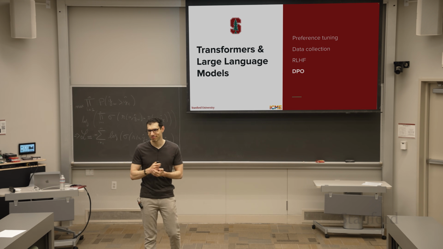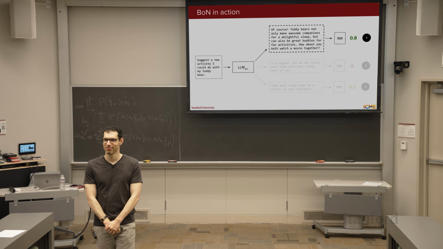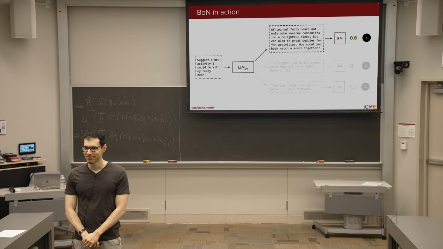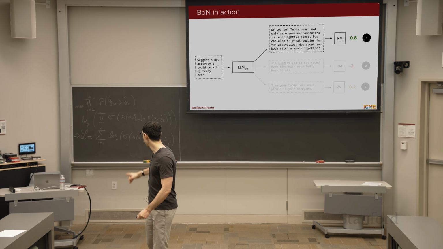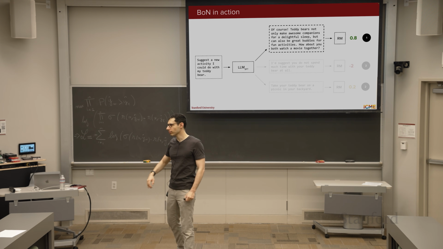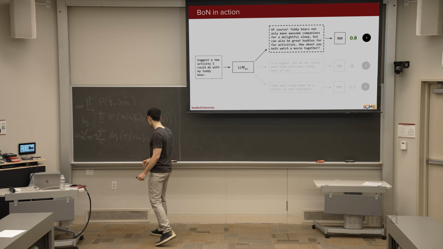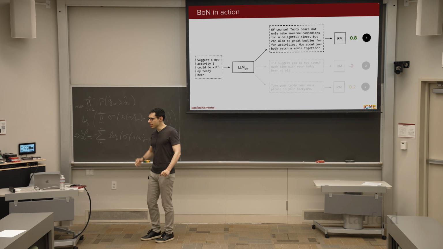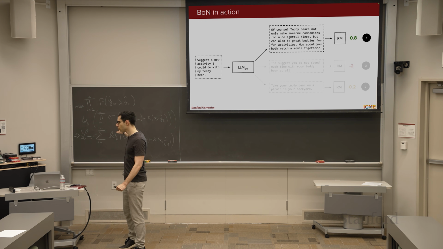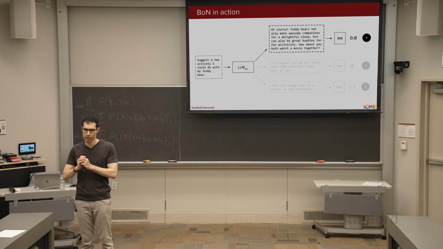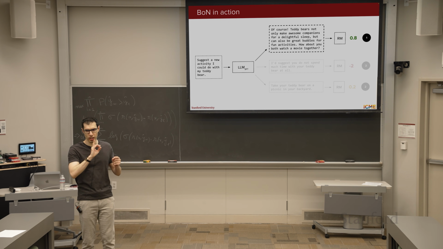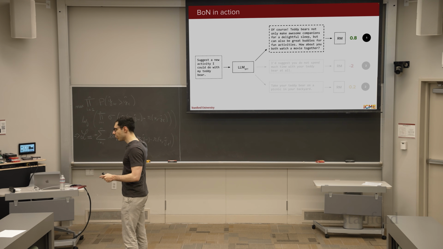Oh, yeah. That sigmoid would be softmax. Are you talking about this one? So in that algorithm, you're assuming that your reward model is trained. So the best of n approach is you do this training.